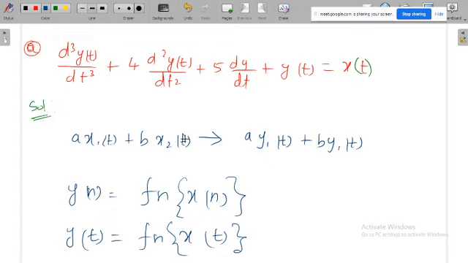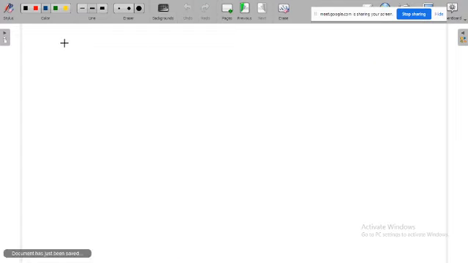So what we are going to do is reverse the procedure. It's all just a variable, whether you go from x to y or from y to x, no problem; both are the same. So instead of going from x to y, I am going to go from y to x.